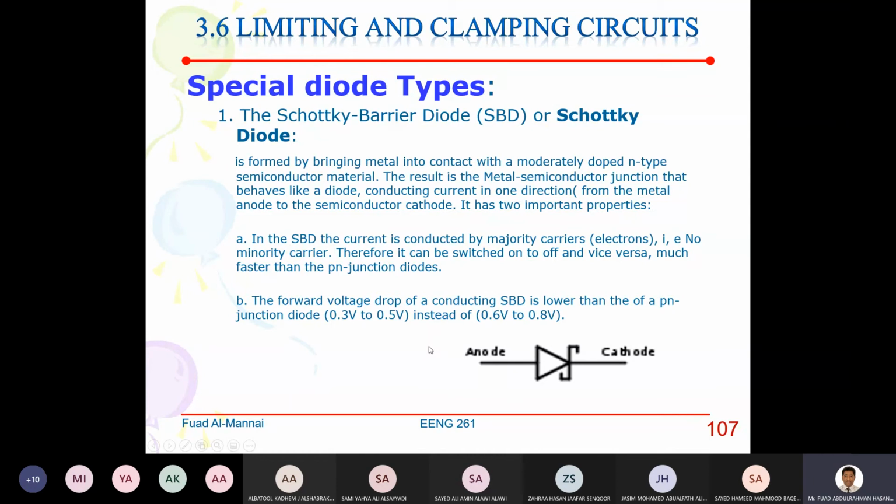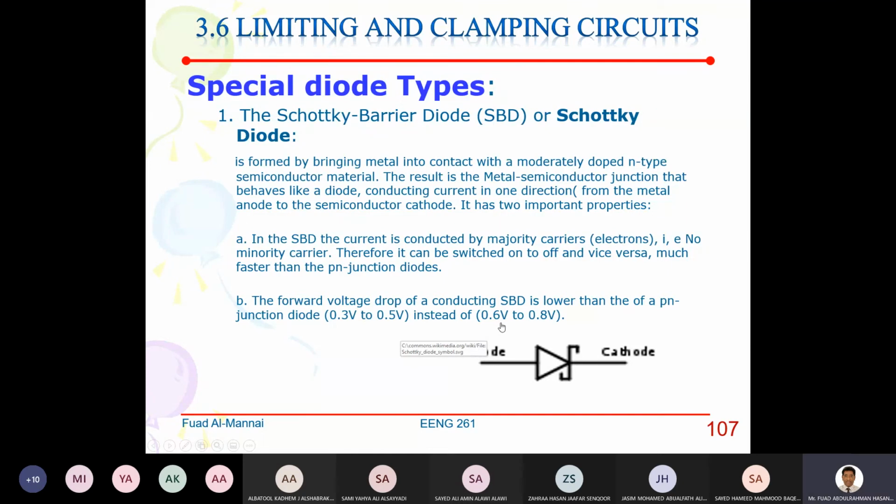Also, because we got rid of the minority carriers, the forward voltage drop across the diode is lower than the normal p-n junction diode.